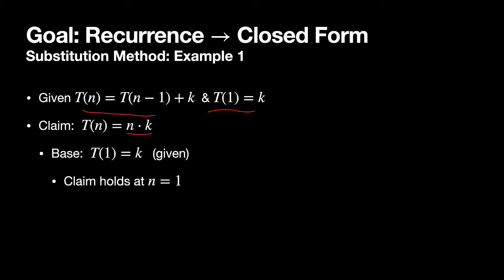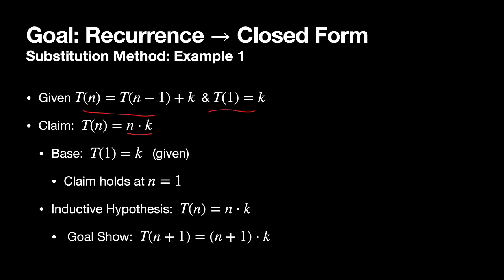So T of n is n times k. When n is 1, that's 1 times k, which is k. Our inductive hypothesis will be that the T of n is n times k. So again, for our inductive hypothesis, we usually assume that what we're trying to prove is true at one particular point, and we're trying to show that it induces it at the next natural number. So the goal is to show that the T of n plus 1 is equal to n plus 1 times k.